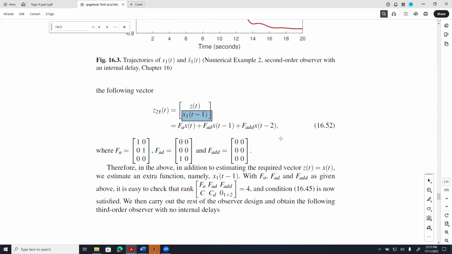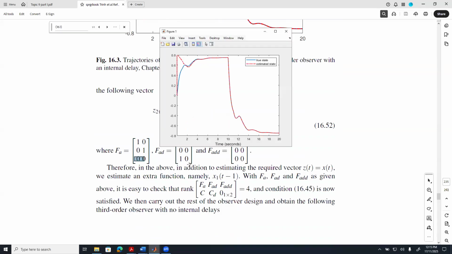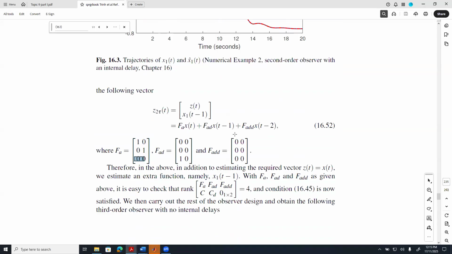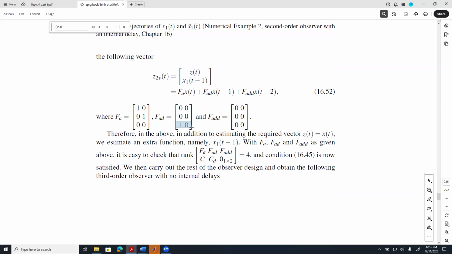And that's the simulation results. We just add in a delay stack variable. So we estimate x1, x2, and x1(t minus tau).